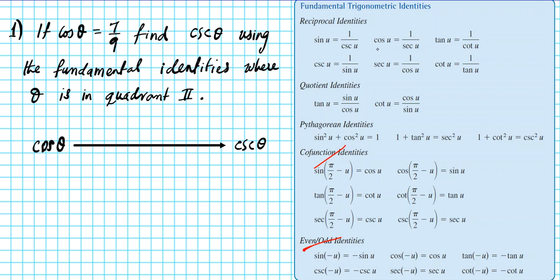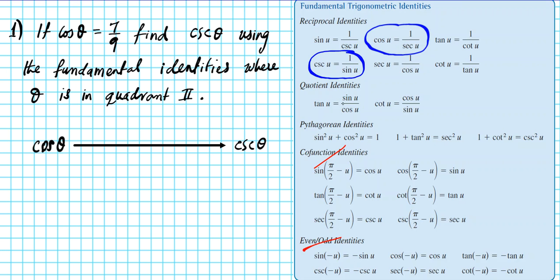So let's highlight the formulas that have cosine in them. So there goes the first one, cosine and secant in the reciprocal identities. And then this one has cosecant and sine. And then this one has cosine and secant. Well, these two are connected, so one of them will suffice.